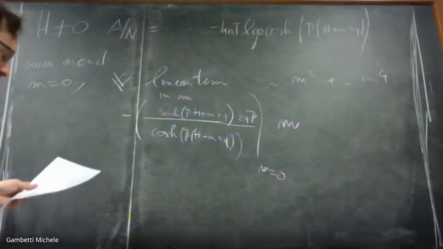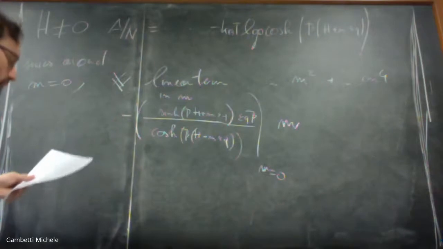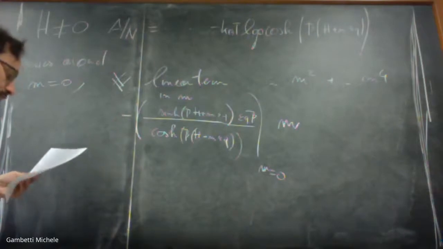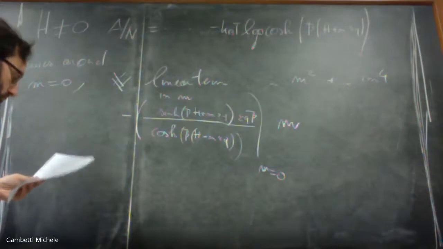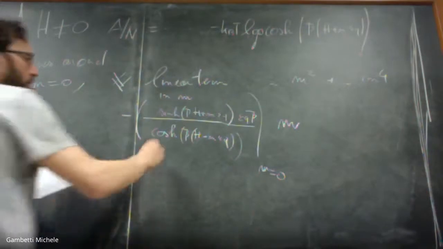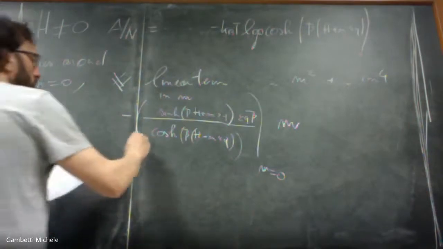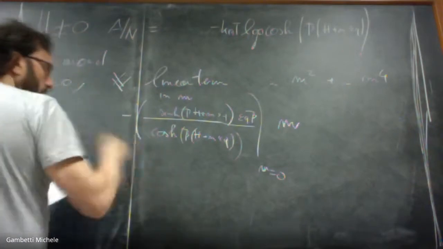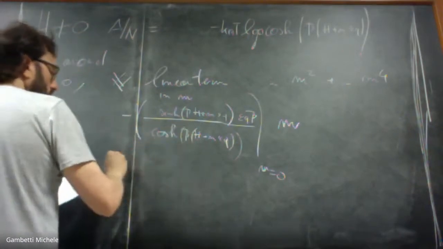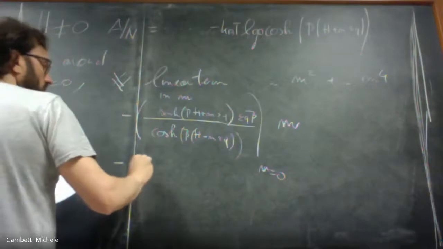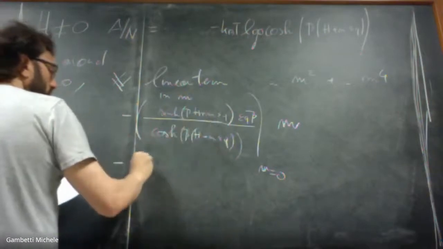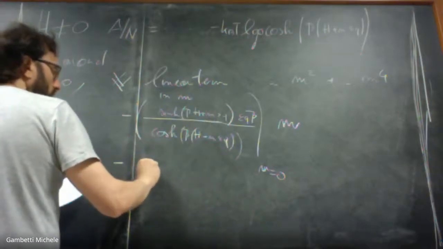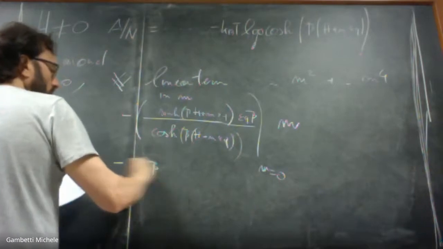Now let me introduce this quantity. Okay, so this is minus. Let me put m equal to 0, so it's epsilon q beta.